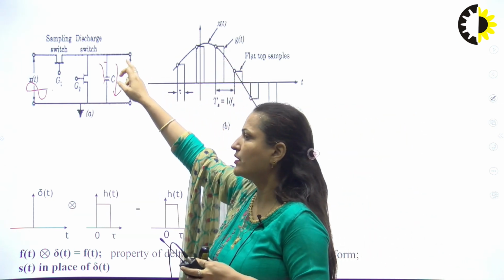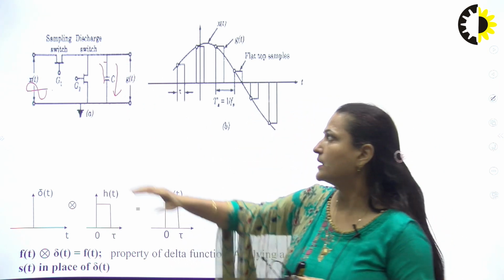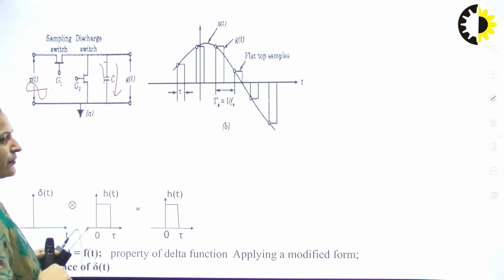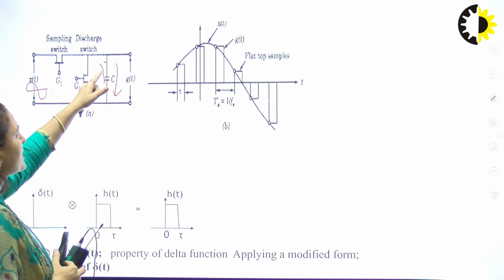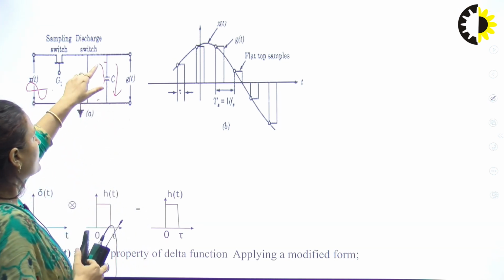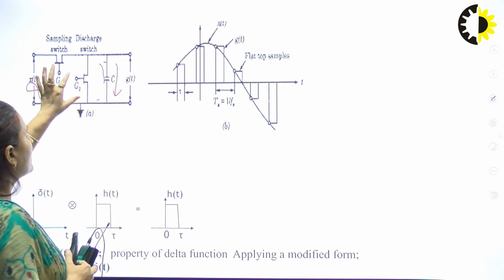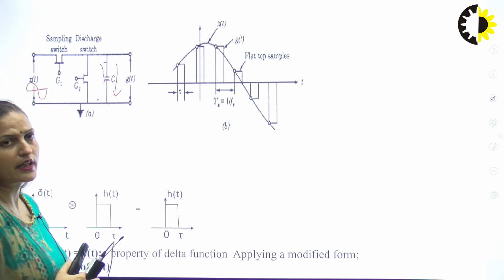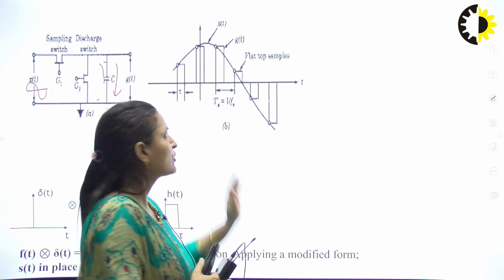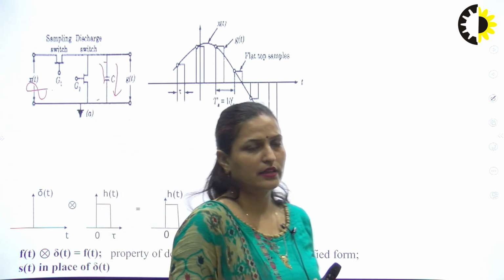When this capacitor is charged to full value, this switch will be open and the other switch will be closed. Now when this switch is closed, the capacitor starts discharging through transistor G2, and it comes to the value of 0. At that time we remove this circuit also. So the voltage across the capacitor will be the output, that will be 0. So this type of waveform we will receive here.